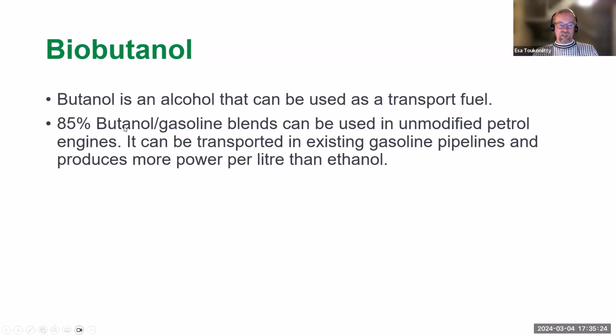So the only highlight I took here is that you can more or less put the butanol into existing distribution networks, so it works quite well together with gasoline or petrol. That's the good thing with it. The problem with this, one of them, is that it is not that readily available, and it's also more expensive than ethanol. But on the one hand, as a fuel, it's much better than ethanol.